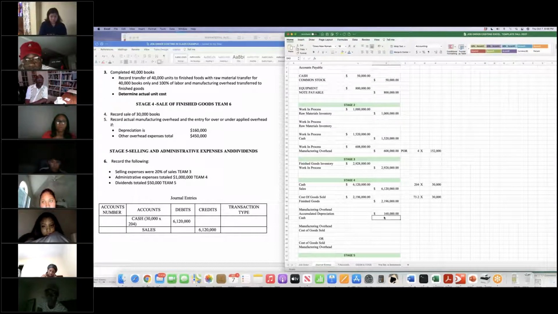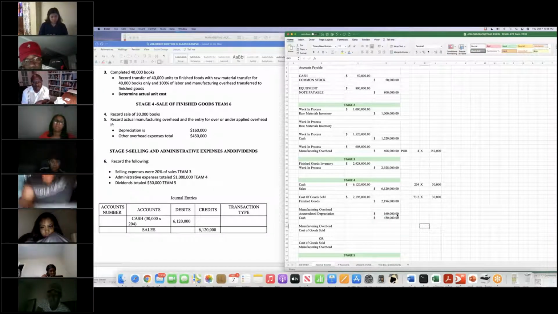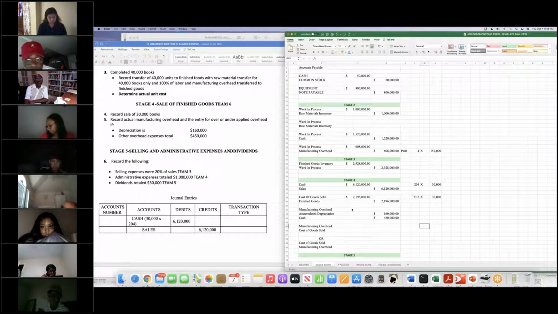And the cash expenditures are 450. So when we add those up, the total overhead is what?